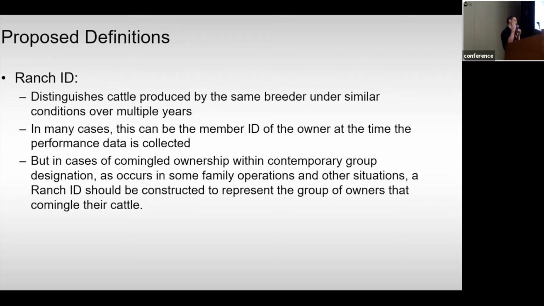So in an example, you could have a ranch, right, a family business, where there may be multiple breeders. Everyone in the family has some kind of breeder ID, but really the cattle are being managed the same way. So that kind of gets around that issue.